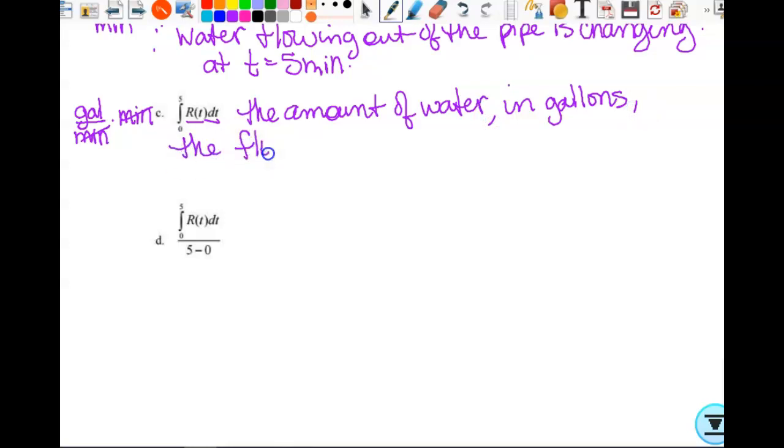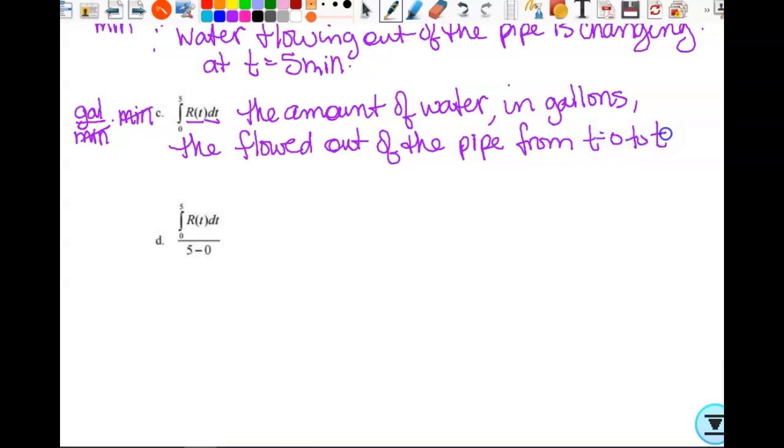That's probably not good English, but something like this. That flowed out of the pipe. Okay, this is an integral, so this is from t equals 0 to t equals 5 minutes.